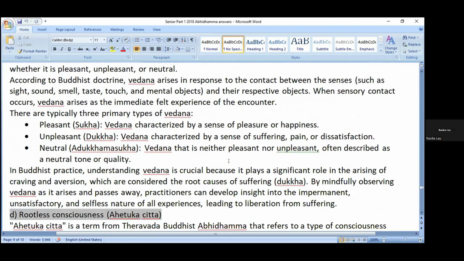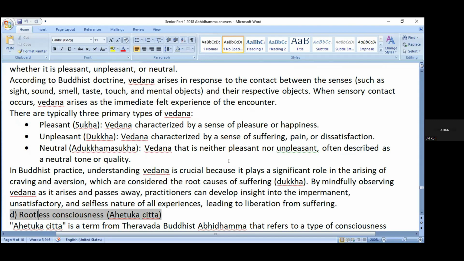Okay, and next, go. What is rootless consciousness? Rootless consciousness are the cittas that arise without roots, or with result. There are 18 rootless consciousness, namely 7 unwholesome resultant rootless consciousness, 8 wholesome resultant rootless consciousness, and 3 functional rootless consciousness.